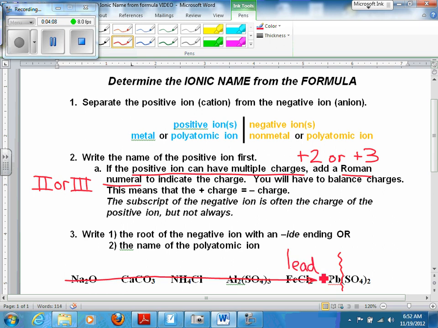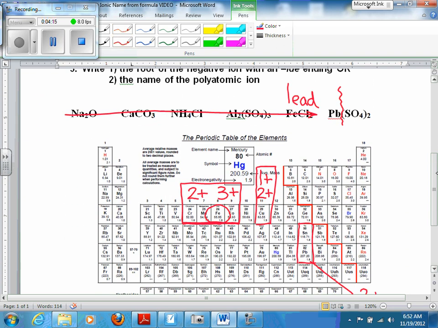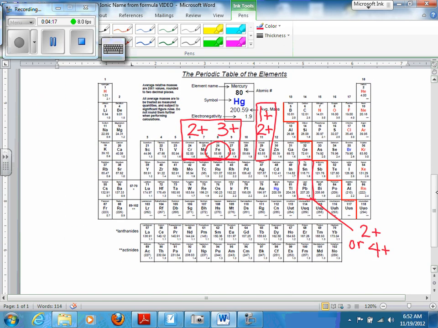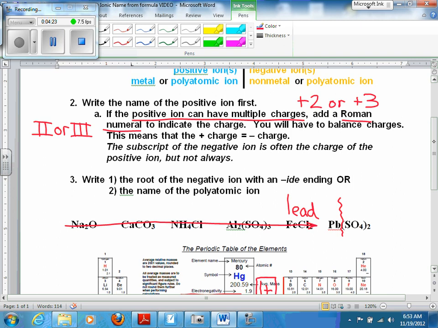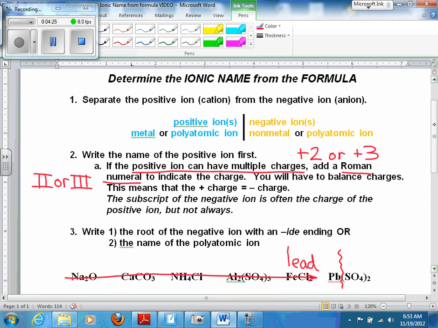Okay, and the first thing that we notice is that lead is one of those special metals, and lead right here can have either a +2 or a +4. So we already know that I'm going to have either a Roman numeral 2 or 4. So this would equal a 2+ charge, and this would be the 4+ charge.